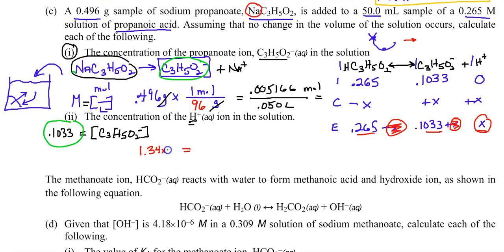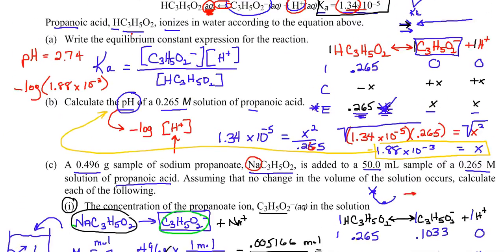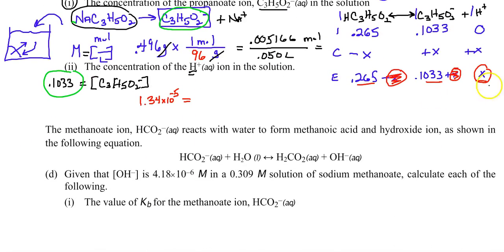Is over the products. What's the products? Well, 0.1033 times x. All I'm doing is plugging it into the equilibrium expression, all over 0.265. Products over reactants, coefficients become exponents. And now we're going to solve for x.